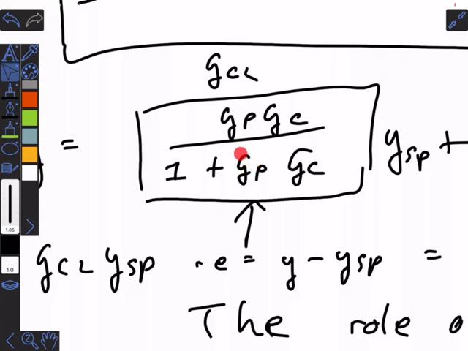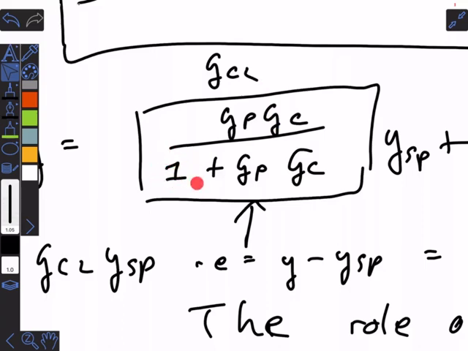But we have access to the front dial of our controller. Notice that this is a fraction, and we're trying to get it close to 1. How do I get fractions close to 1? I get the numerator and the denominator close to one another.